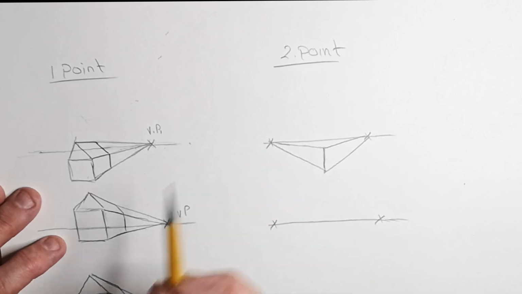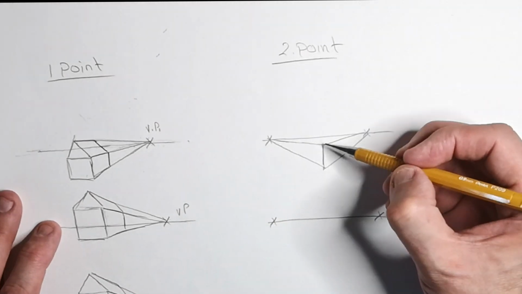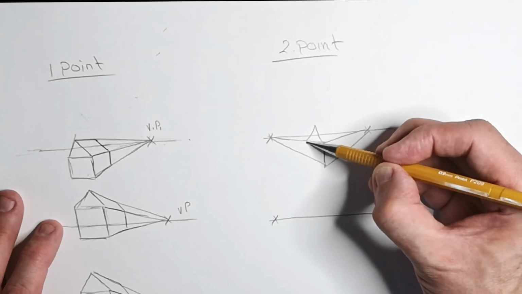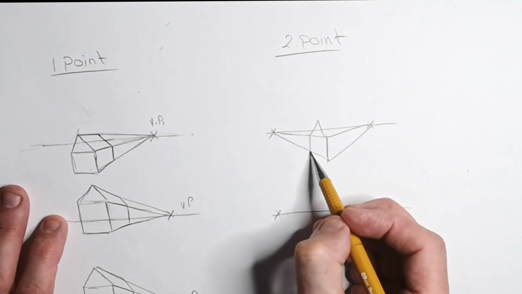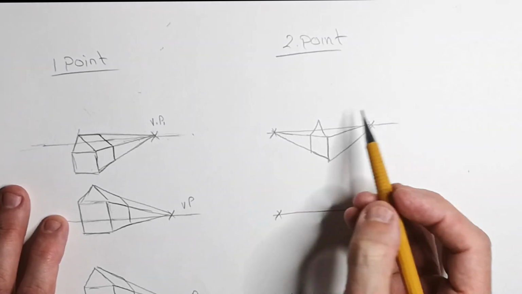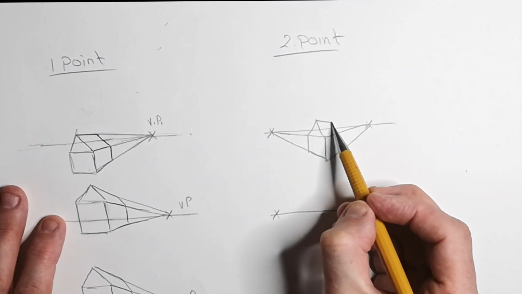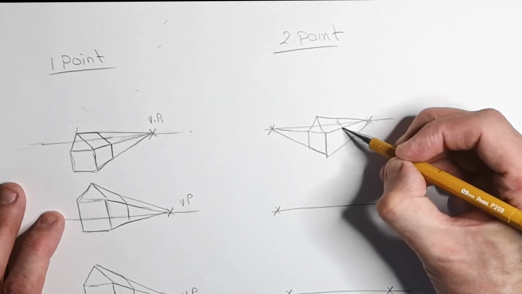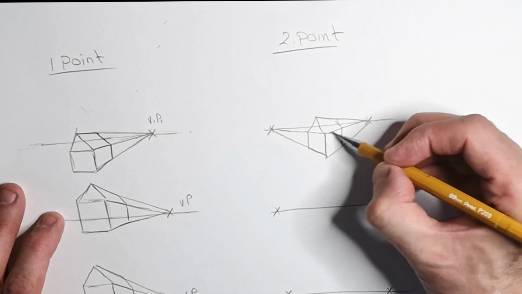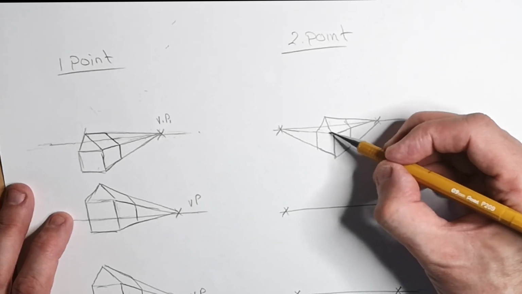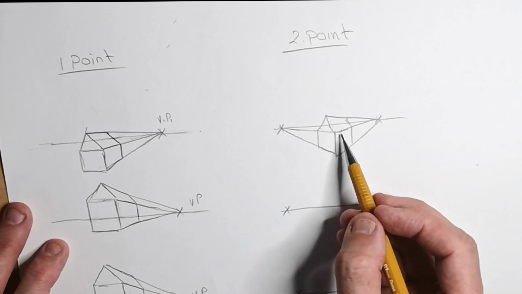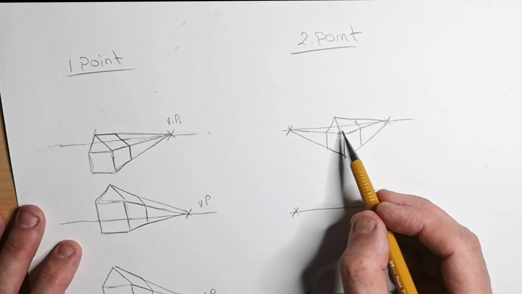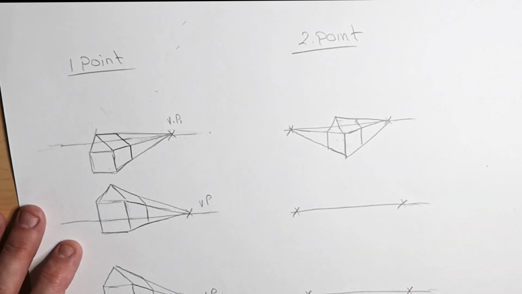So there we go. We'll just put our little roof there, connect that, and then this again just goes down to there. Put the other end of the house in, or the roof, or the wall, and there we have a 3/4 view going to our perspective points. Simple.